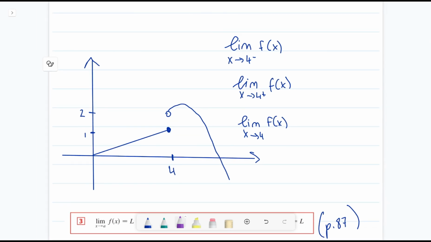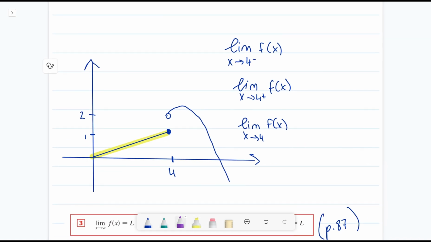Now let's look at this graph. We would like to know the limit of f of x as x approaches 4 from the left. So let's get closer to 4 from the left side. And that's where we hit 4, and we realize that the function is close to 1.